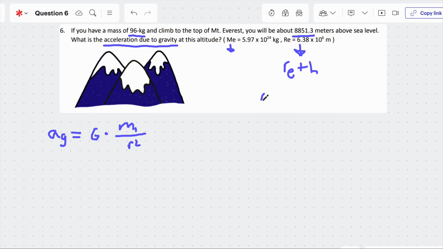So we can put this in a calculator. We can put in 6.38 times 10 to the 6th.